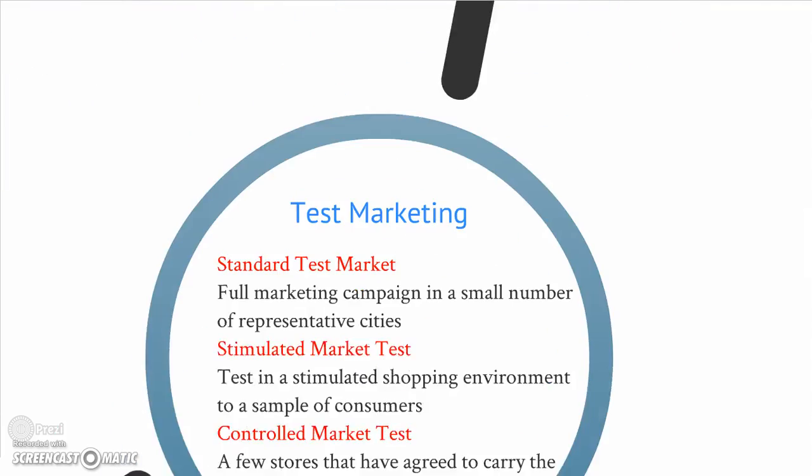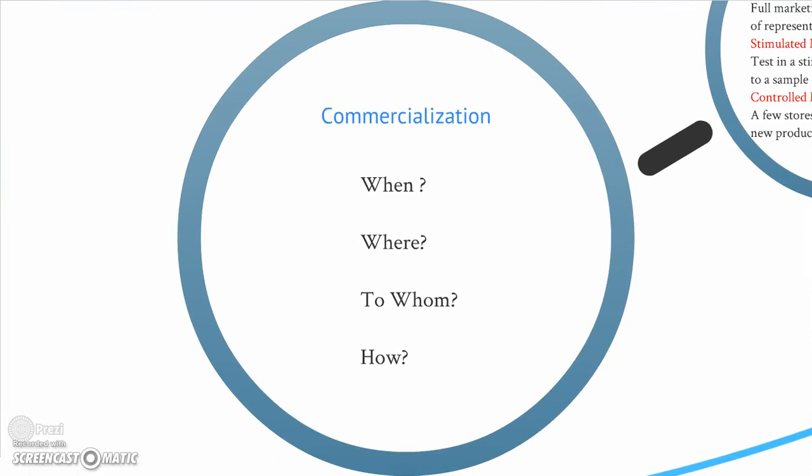So if everything is okay, then I need to launch the product. When I want to launch a product, I should see when to launch the product and where, to whom I should give it, and how I should do it.